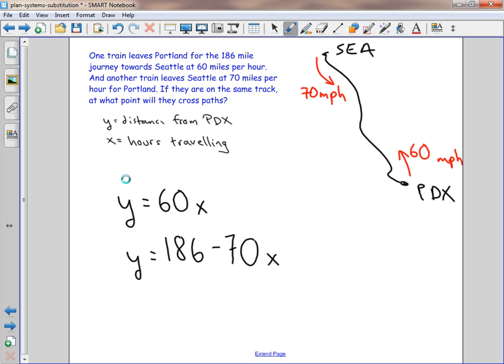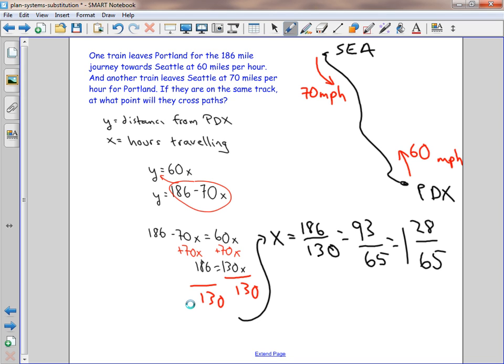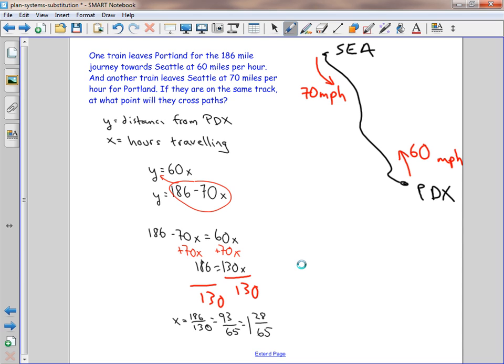Because the two equations in this system are already solved for y, we can substitute one of the values into the other equation. This will allow us to solve for x, thus giving us the exact time in hours when the trains cross. We'll now use this value to solve for y and check our answer.